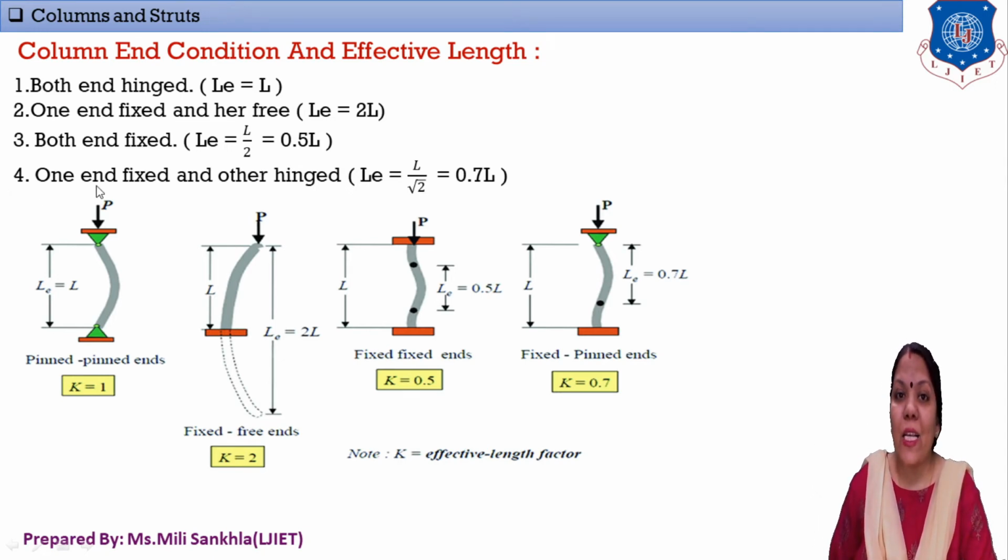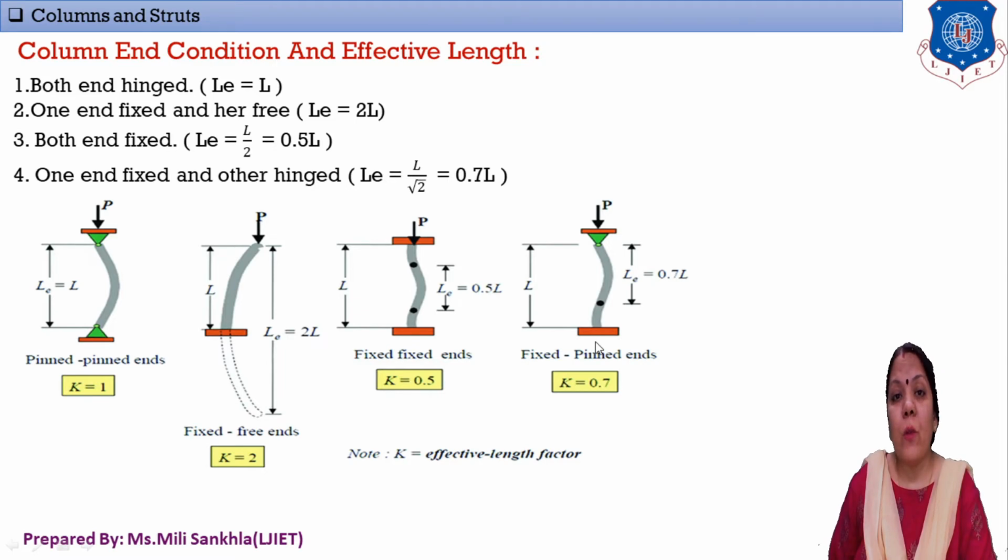And the last, one end fixed and the other end hinged. Look at this. This is our fixed end and this one is our hinged end. The column is subjected to axial compressive load, and this is our deflection diagram due to the axial compressive load, and we find the effective length from this point to this point.